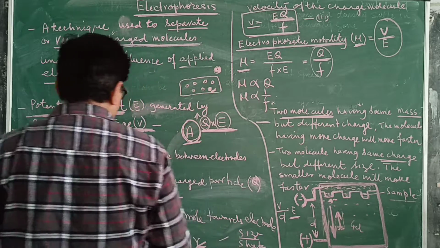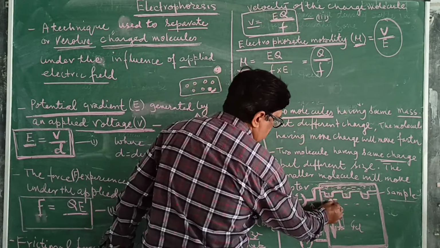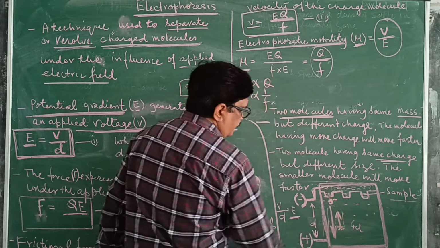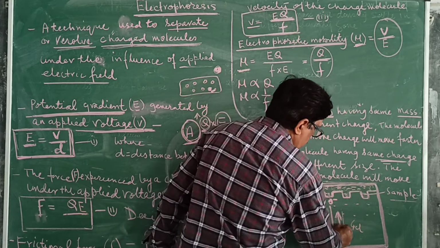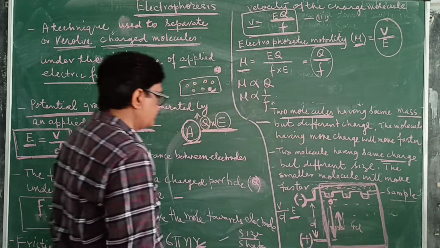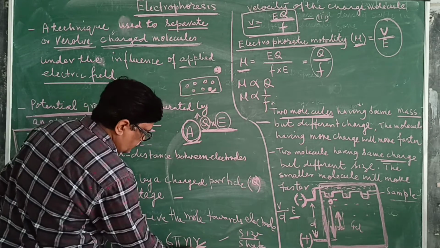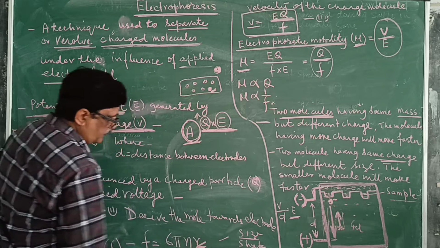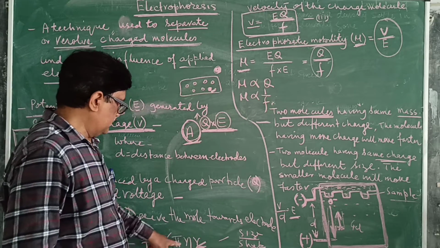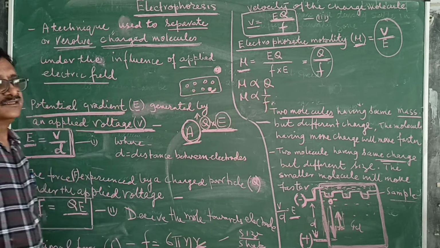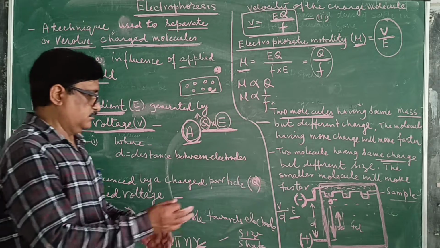This molecule will also experience a force of friction which will oppose its mobility down the slab. And that friction force equals 6 pi eta r, where r is the radius of the molecule and eta is the viscosity of the medium.